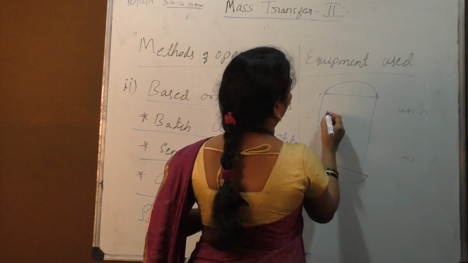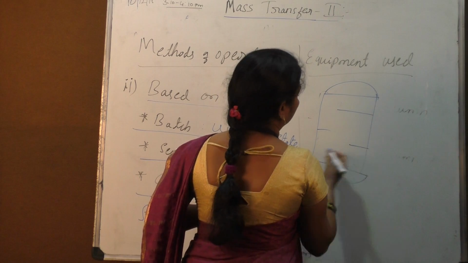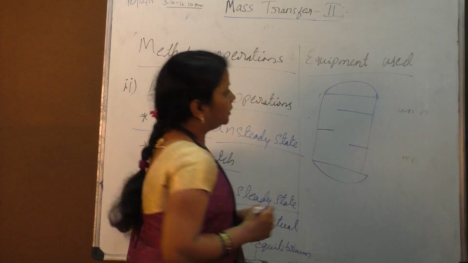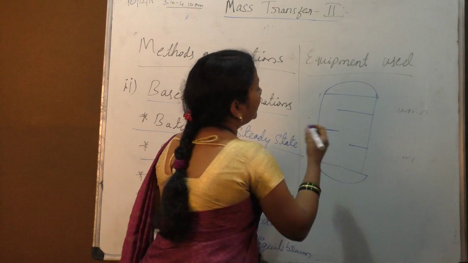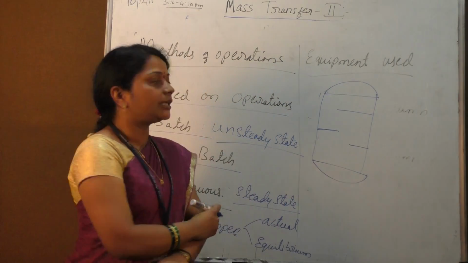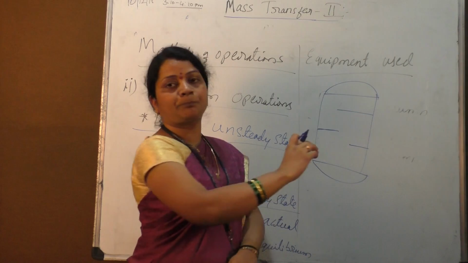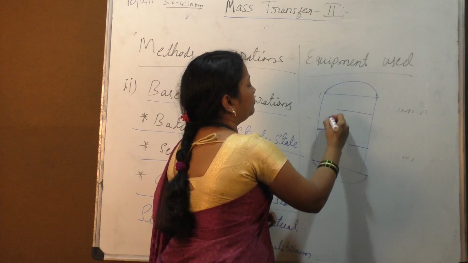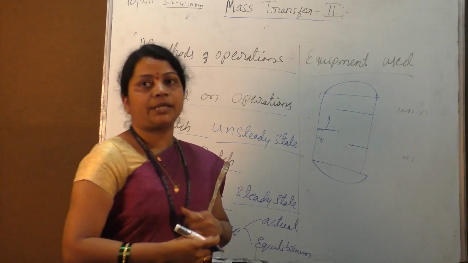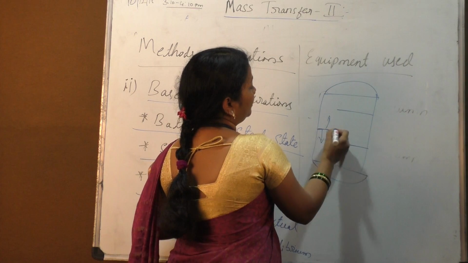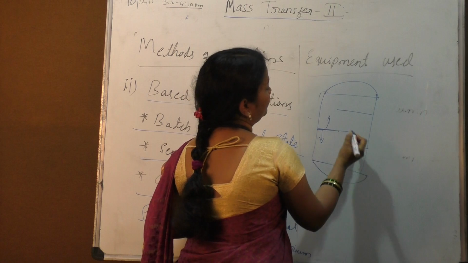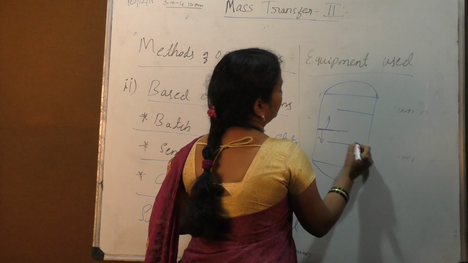are nothing but vertical columns, which are given certain plates, and the mass transfer operations are taking place between these plates. The component moving away from a plate is having the phase equilibrium phenomena. So the equilibrium attainment is taking place in these particular plates only.